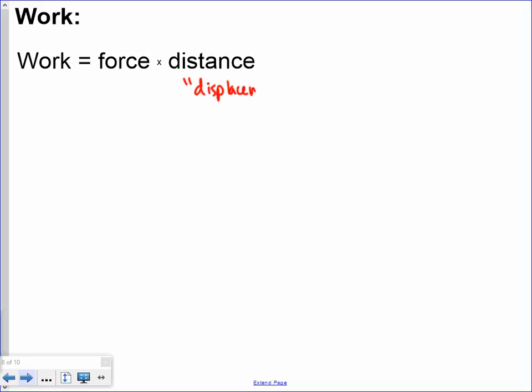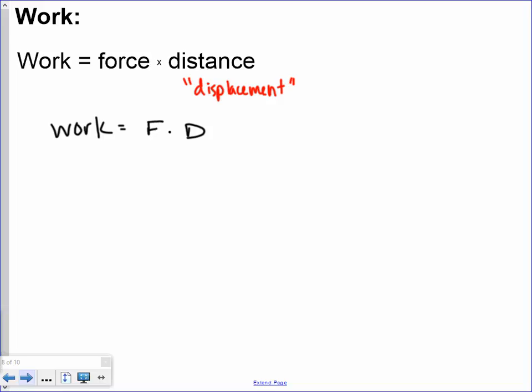Our mathematical textbook uses the phrase distance, so I use the phrase distance. If you prefer to think about it as displacement, that would basically be the same thing, so not a huge issue. You could also think about this formula as work equals F times D, which may be how it's represented in physics class. So that D could be read as displacement or distance.